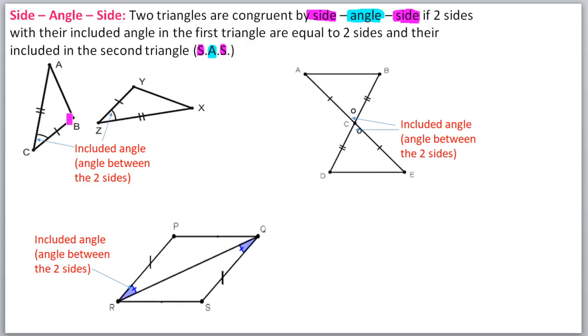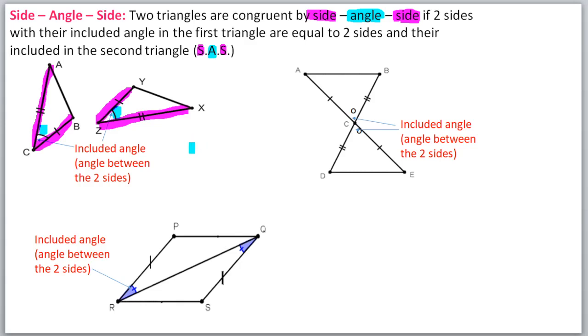We have a side here, which is CB, and a side here, which is ZY, and they are equal. The side AC and the side ZX are equal, and this angle is equal to this angle. So for this reason we say that they are congruent by side angle side.